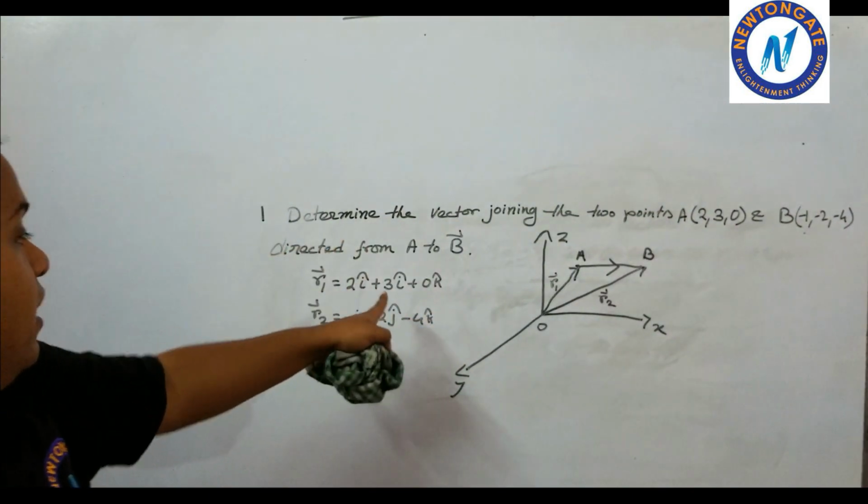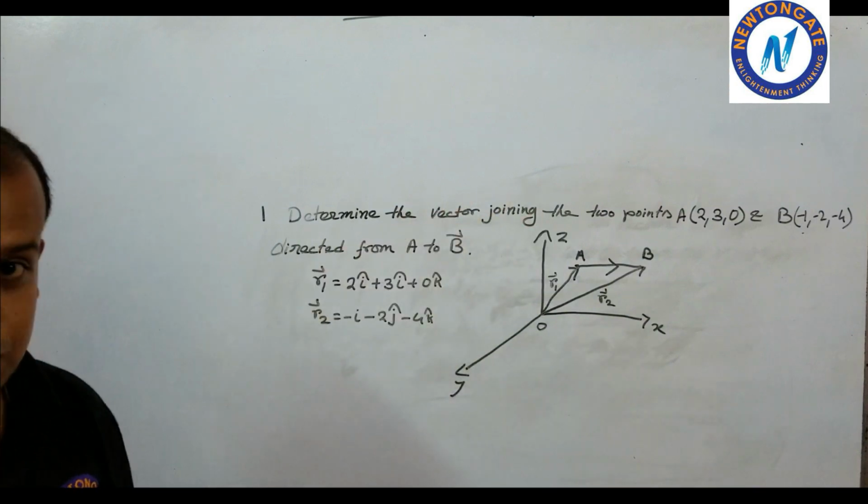These are the respective expressions for the position vectors of the 2 points.